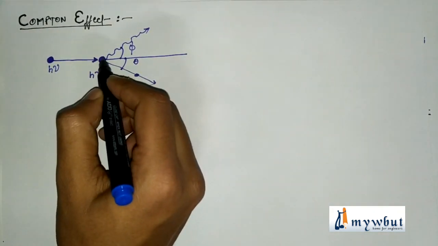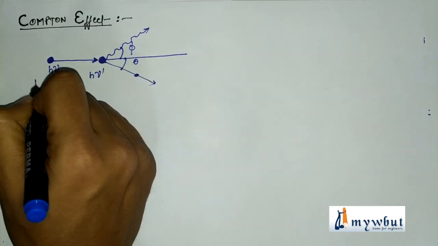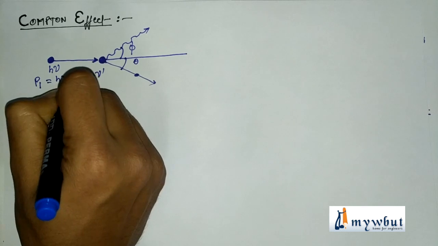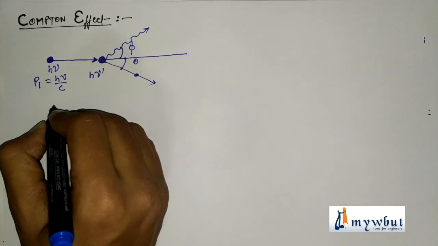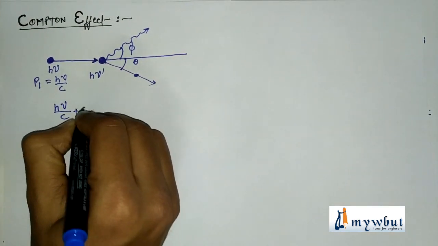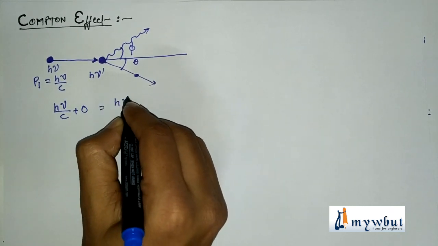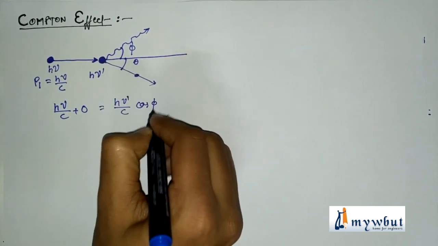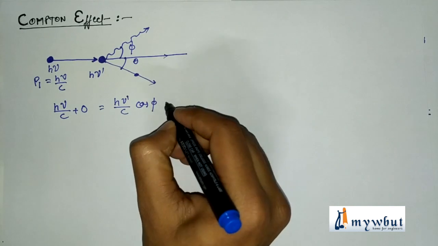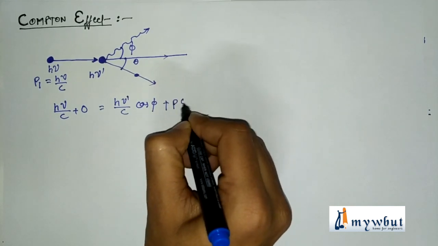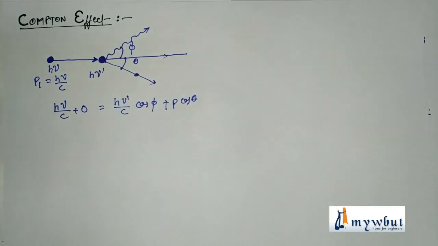So this we can also call the target electron. Here P1, that is momentum, can be found out by h nu by c. Now applying the law of momentum conservation along the direction of incidence, we get h nu by c plus 0 is equal to h nu dash by c cos of phi, that is in this direction, plus p cos of theta along the same direction.